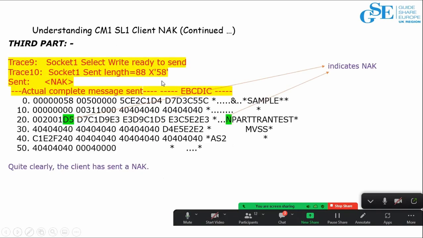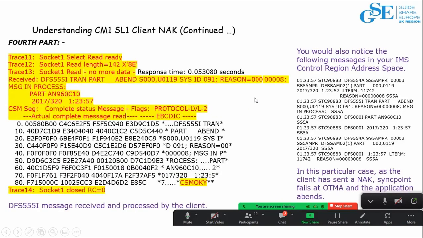But in the third part, now the IMS Connect client, instead of sending an ACK message out, chooses to send a NAC message out. So this D5 and N indicates NAC. Quite clearly the OTMA client in this case is sending out a NAC message. And then the final part is the difference from the previous.